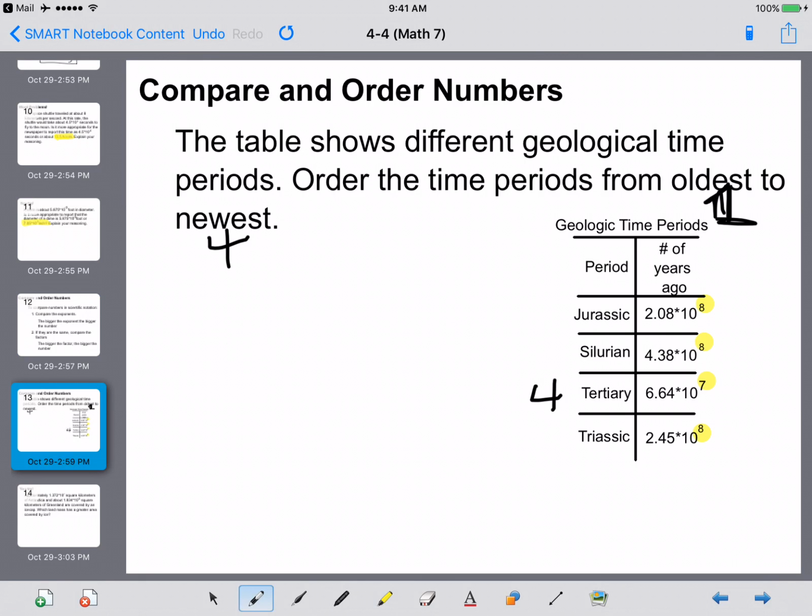Now we have all the same exponents. So we're going to have to look at their factors. So 2.08, 4.38, and 2.45. Right off the bat, I can go, well, 4.38 is way bigger, so that's further away. And then I've got 2.08 and 2.45. 2.45 is bigger, so it's further away than 2.08.